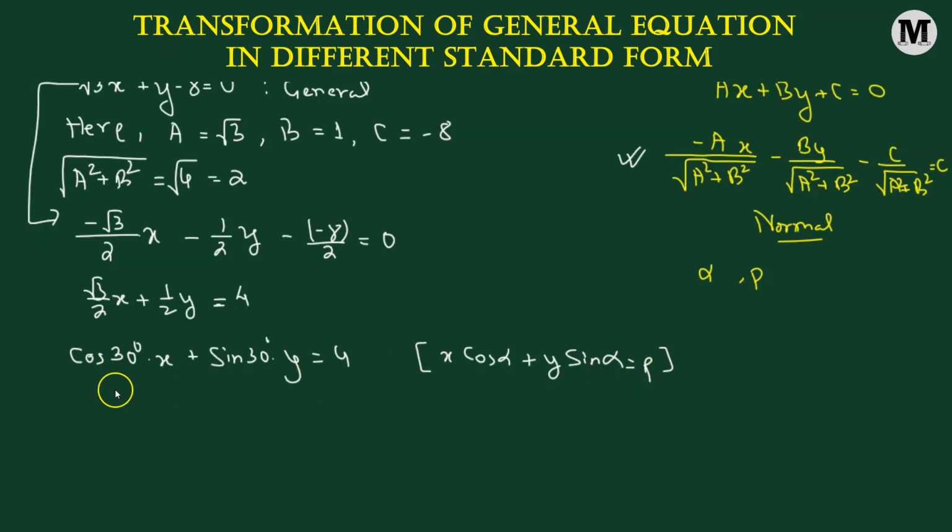So if we compare this with the equation, we get alpha equals 30 degrees. That is the inclination of the perpendicular. And then we have p equals 4. So this is what we needed to find. This is the equation of the line, and the required alpha and p values are 30 degrees and 4 respectively.